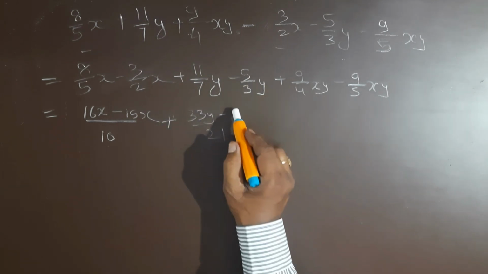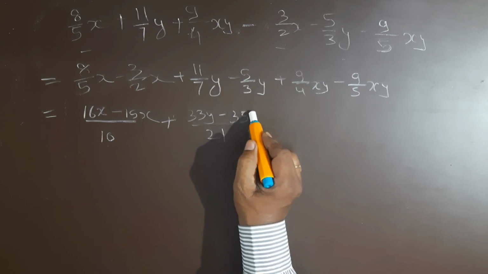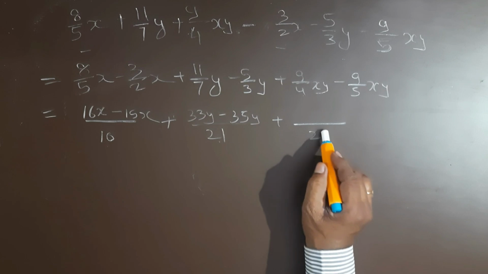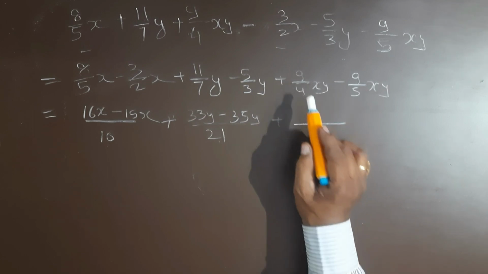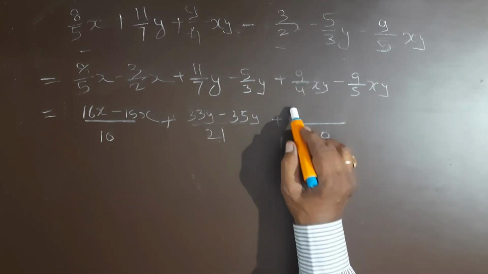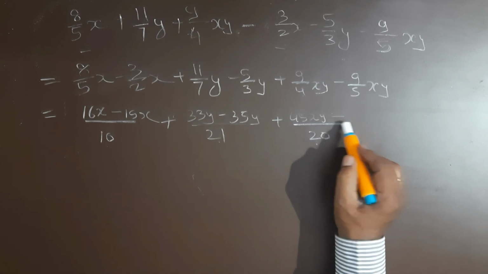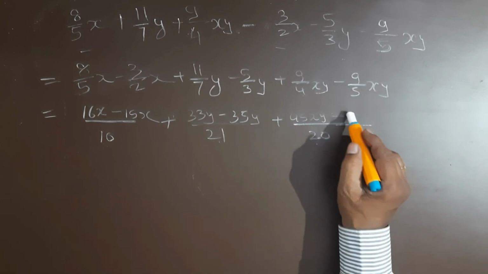Minus 3 7s are, 7 5s are 35y. Plus again 4 and 5 LCM is 20. 4 5s are, so 5 9s are 45xy, and 5 4s are, so 4 9s are 36xy.